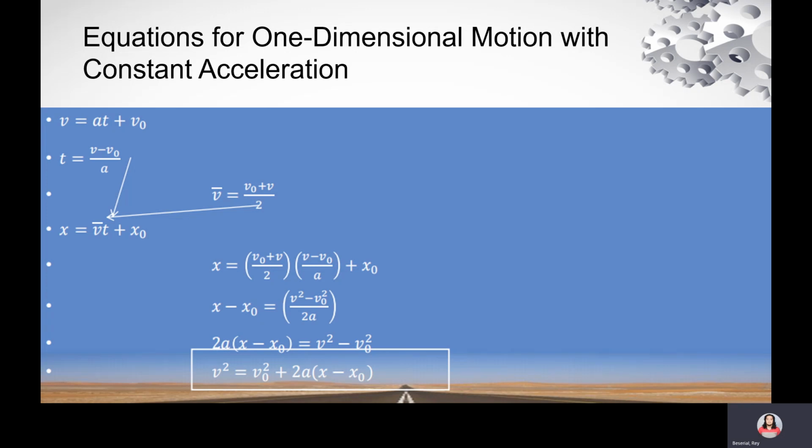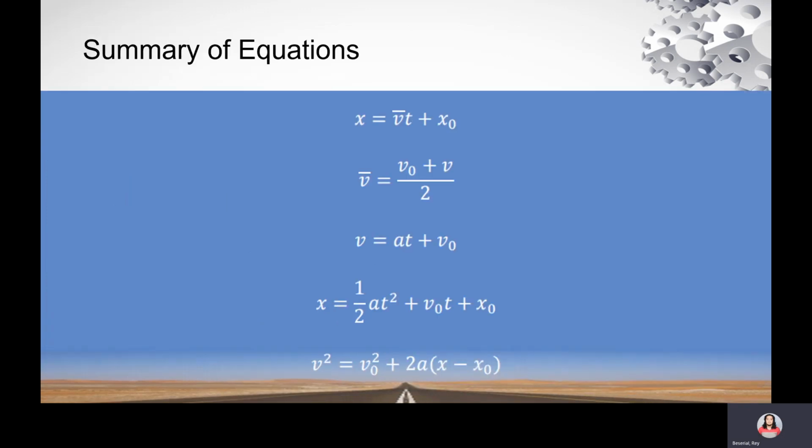Okay. So last is ating summary of equation. So para sa final position, meron tayong average velocity times time plus initial position. And then para sa average velocity, so i-plus natin yung dalawang velocity natin from initial and final, and then i-divide natin sa 2. And then yung ating velocity is equals to acceleration times time plus initial velocity.